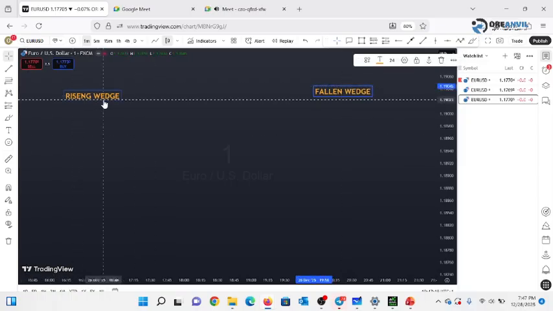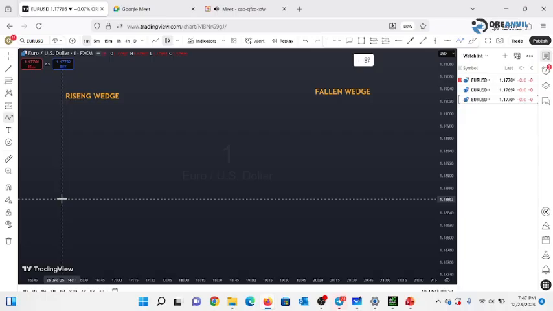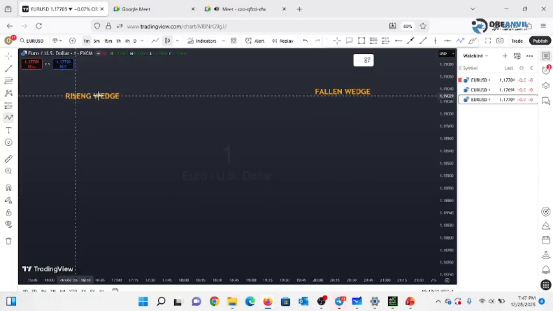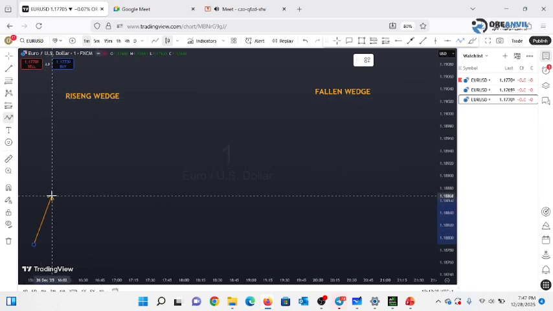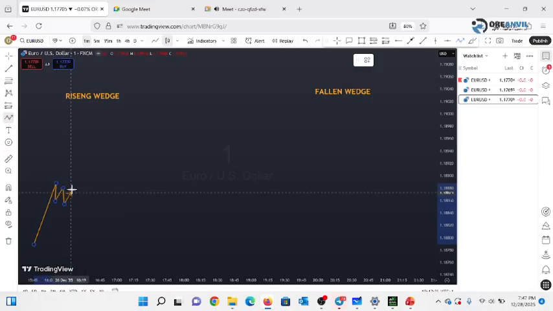How does the rising wedge contribute to the market? We usually have bullish trends and bearish trends, a buying trend and a selling trend, that's an uptrend and a downtrend. So in an uptrend, the rising wedge is responsible for an uptrend market. You see a series of candles go up, and you will now see something like this in the market.